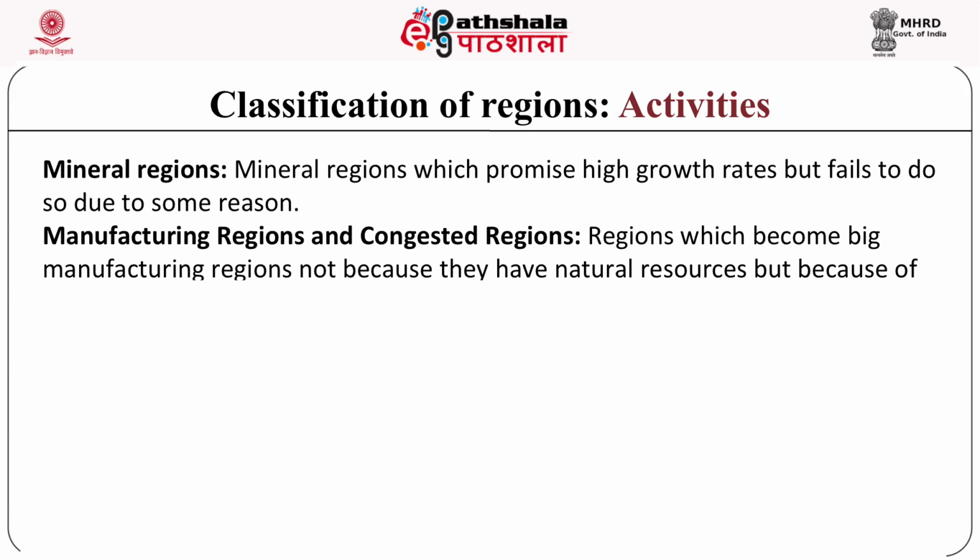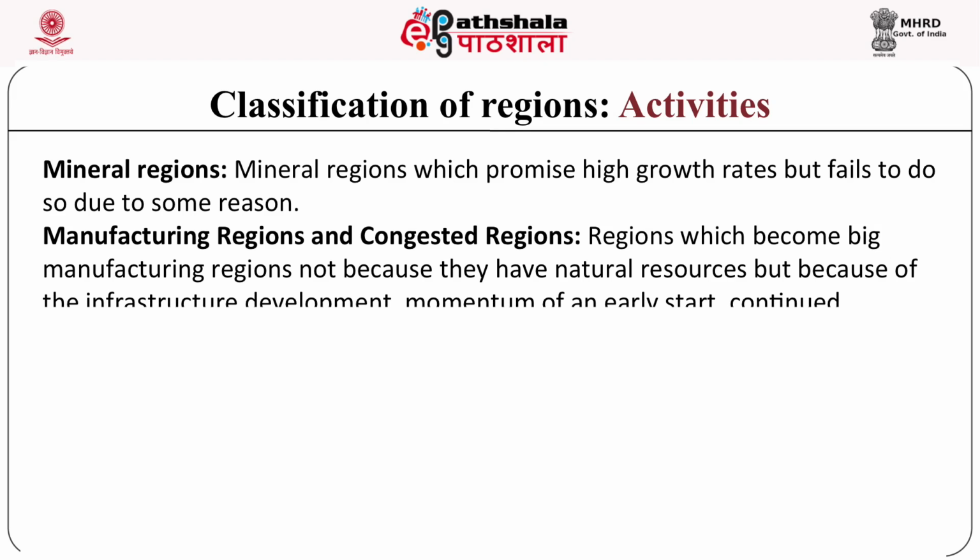Now we go to the manufacturing regions. They also have resources, or the potential, to qualify as manufacturing regions, and they also have the infrastructure for development. They also have government support. Those are the initiatives, or factors, which help these areas become manufacturing regions.